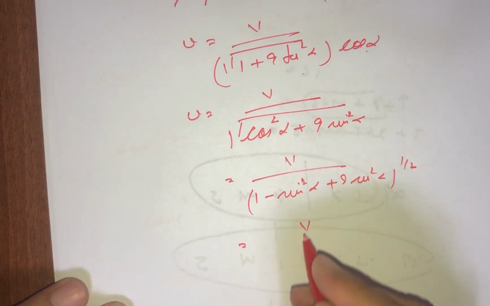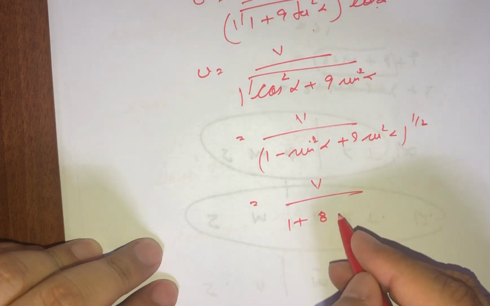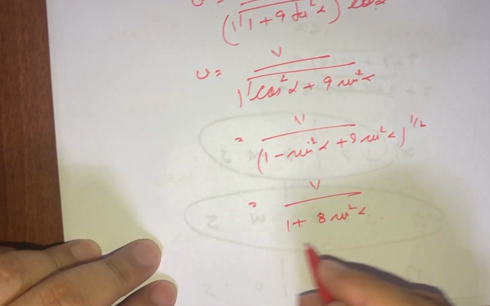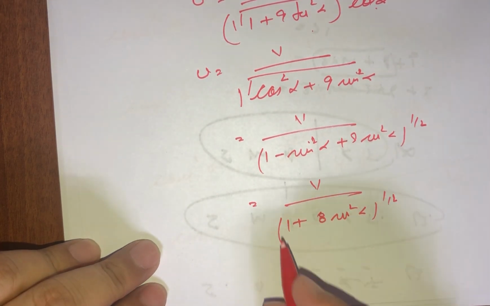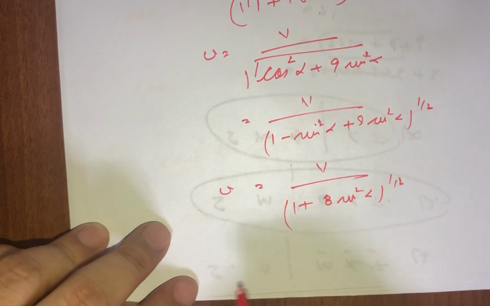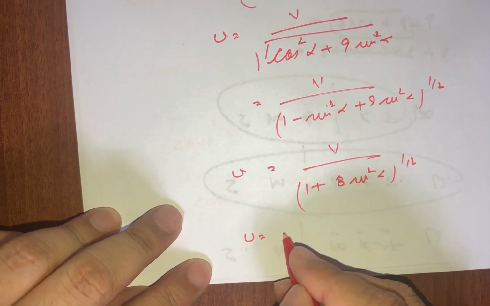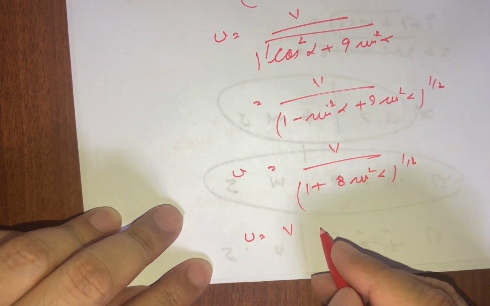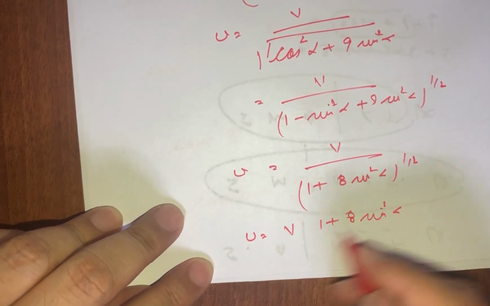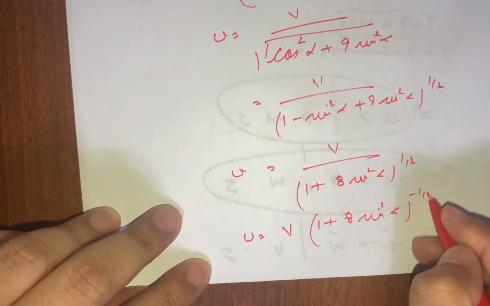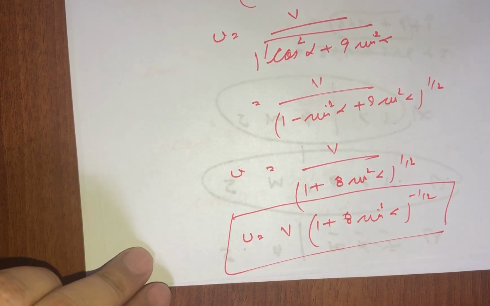This is equal to V times (1 plus 8 sine square alpha) raised to the power 1 by 2. Or as per the question, we can write this as small v is equal to capital V times (1 plus 8 sine square alpha) raised to the power minus 1 by 2. This proves our second part. Thank you.